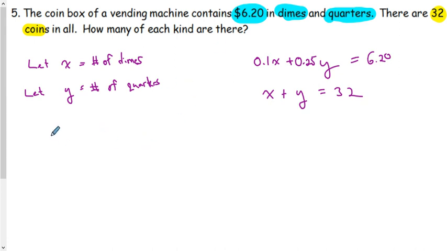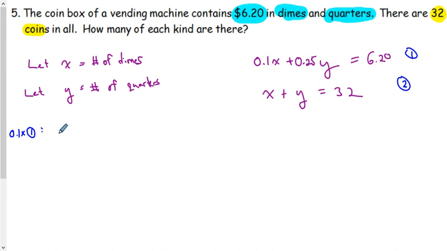So I'm going to call this number 1, and I'm going to call this number 2. And I'm going to set it up over here. I'm going to say number 1 times 0.1. That's going to change my x to be 0.1x, and that means I can eliminate my x's.